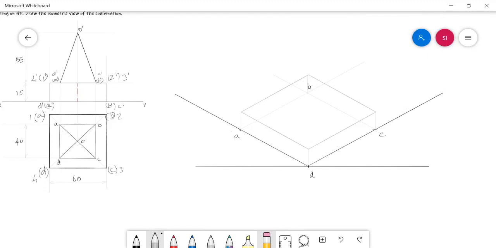Yes. Now the work is over. I have just drawn the isometric view of the bottom solid.